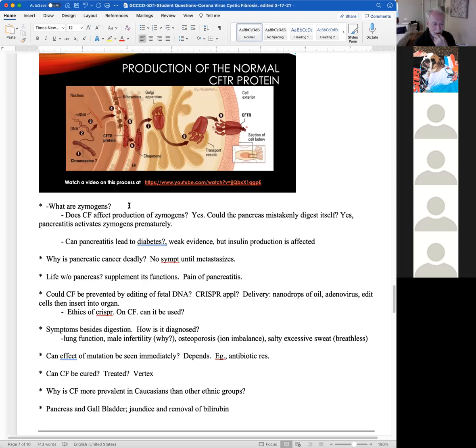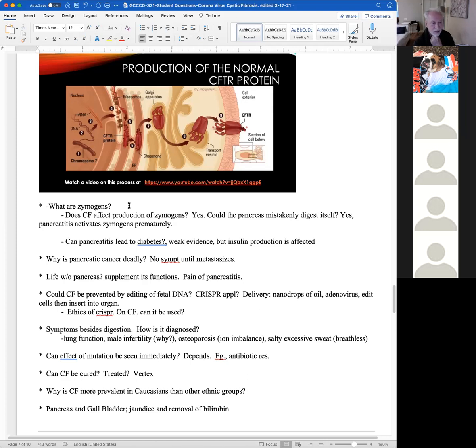Think of the types of substrates that these digestive enzymes have. Carbohydrates, proteins, fats. Is it protein? Proteases.